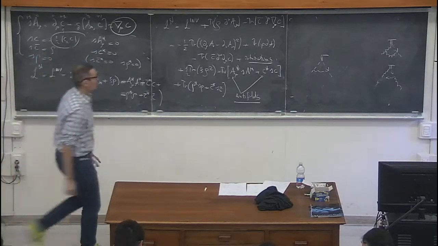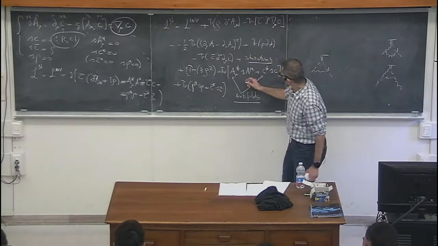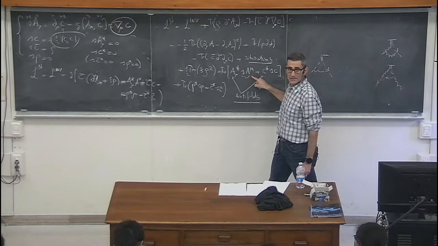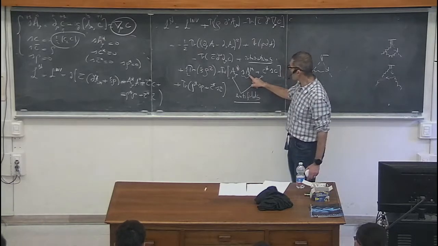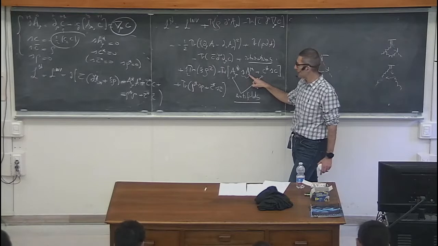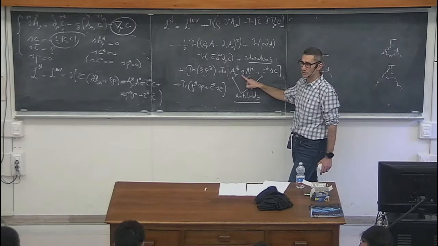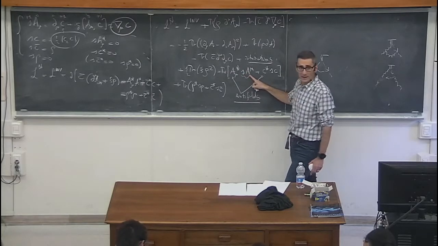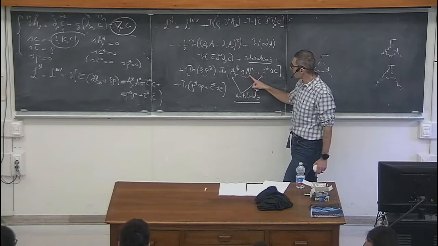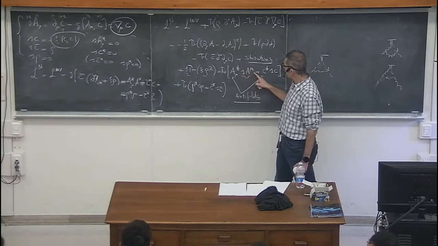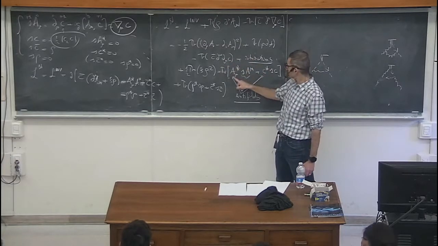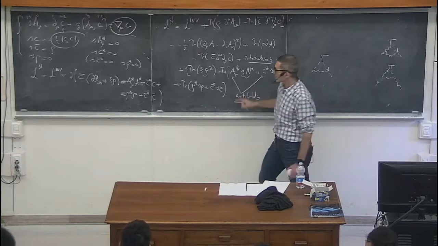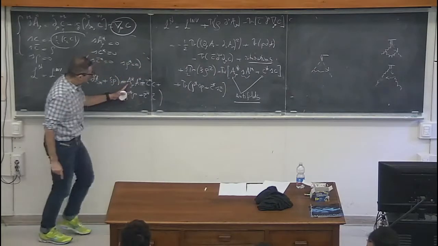Now you see, please notice the following. The BRST variation of the gauge field A is an anti-commuting quantity, because A is a commuting field and S is an anti-commuting derivation, an anti-derivation. So the full combination S of A is anti-commuting. Therefore, if I want to couple this anti-commuting quantity to the action, the antifield in front of it must be anti-commuting again. So you see, this is anti-commuting and this is commuting.